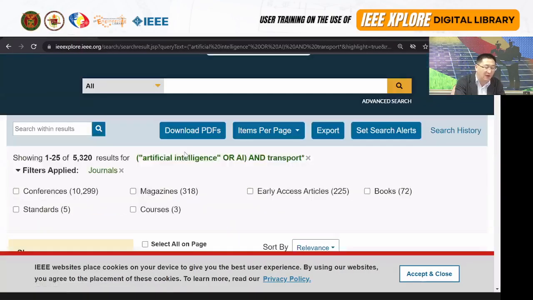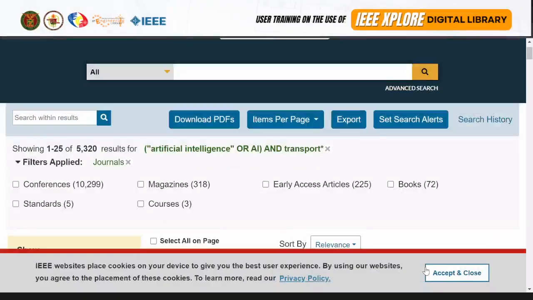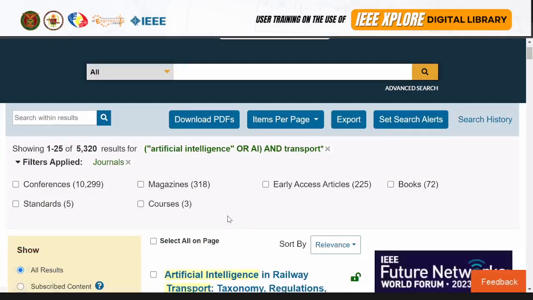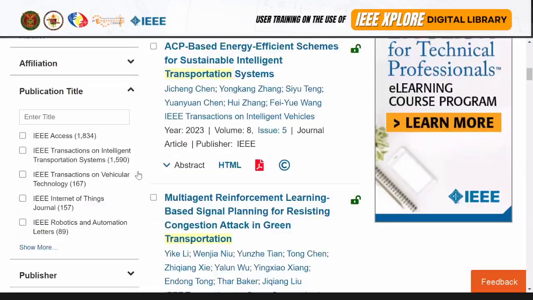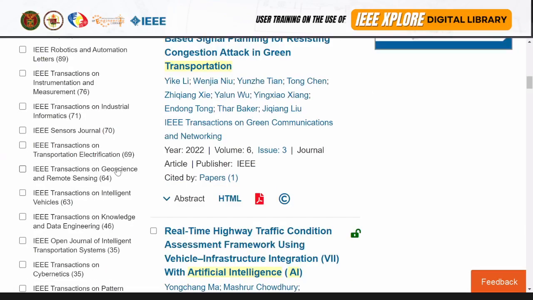So now we have 5,000 journal articles. And out of these 5,000 journal articles, now I want to find out what journal is actually publishing these articles. And geoscience. Remember earlier we have some participants who are interested in geoscience. So it's not only geoscience, but also transportation and AI.